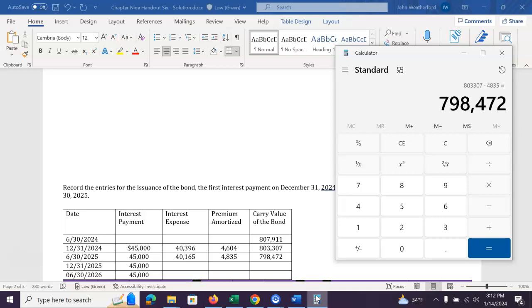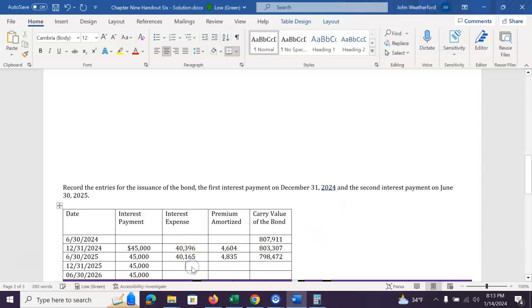Then to get the interest expense for December 31, 2025, we'll just multiply again by half the effective rate, or 5%. We get interest expense this time of $39,924. Okay, and then our amortization of the premium will be the difference in cash paid for interest and our interest expense.